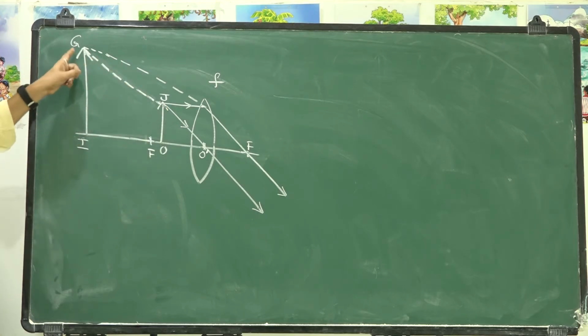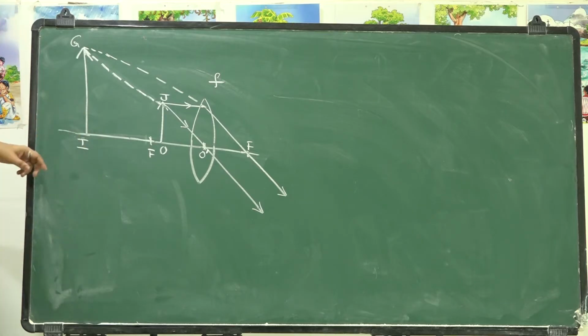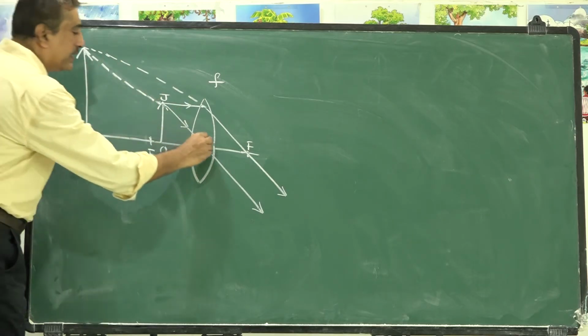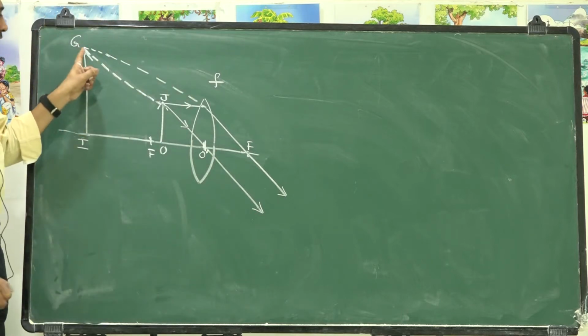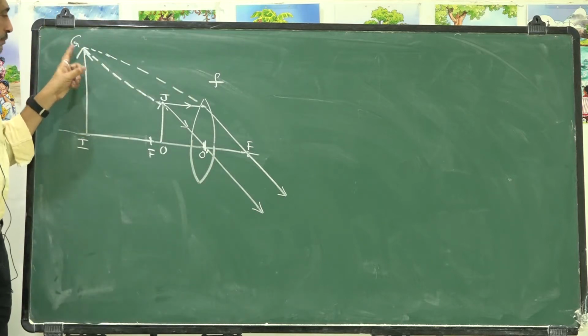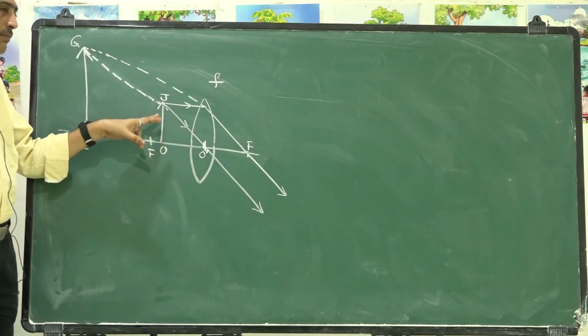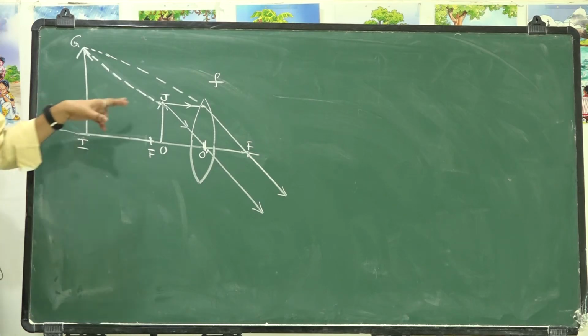That means if this particular image is formed at D, then the angle subtended by the image at the eye, here the eye is this optic center, to the angle subtended by the object when imagined to be at the position of the image at the eye.